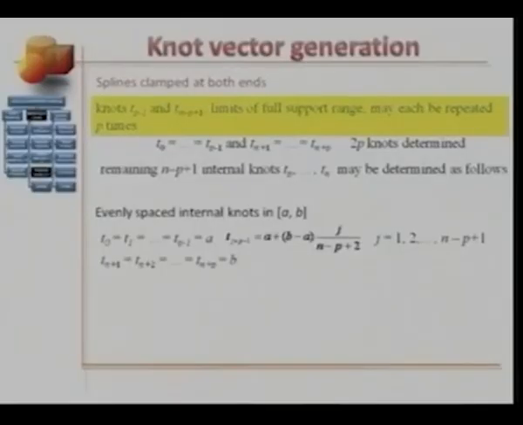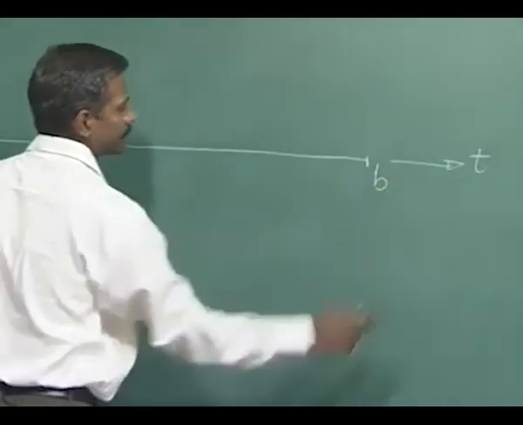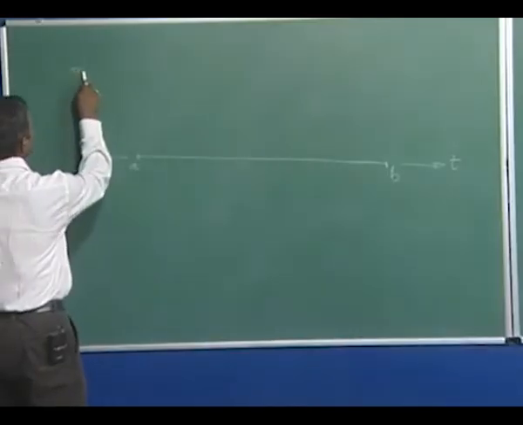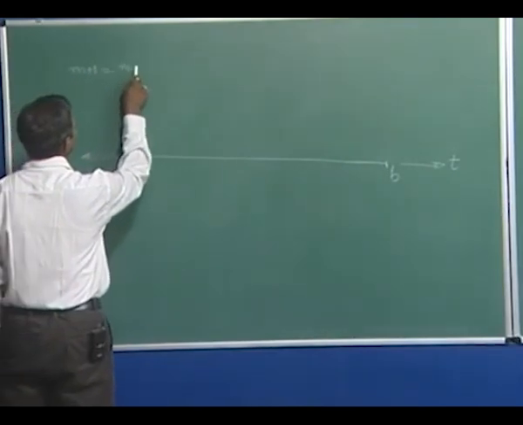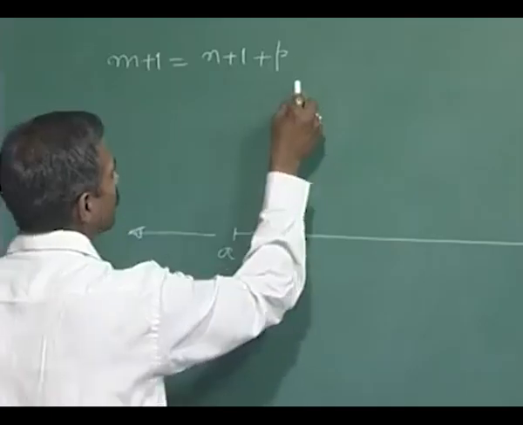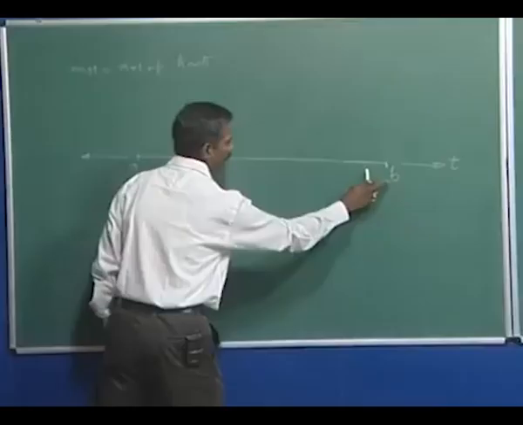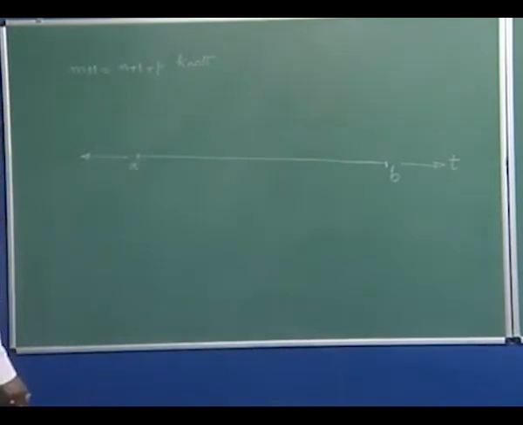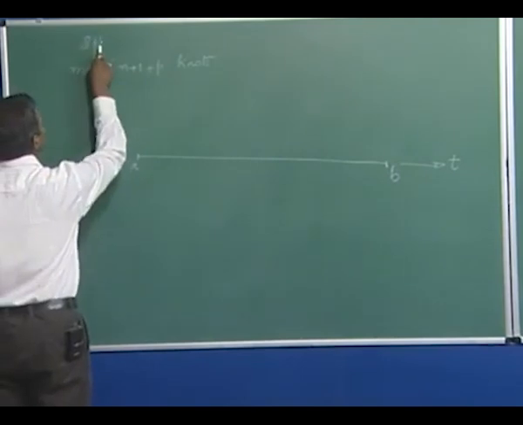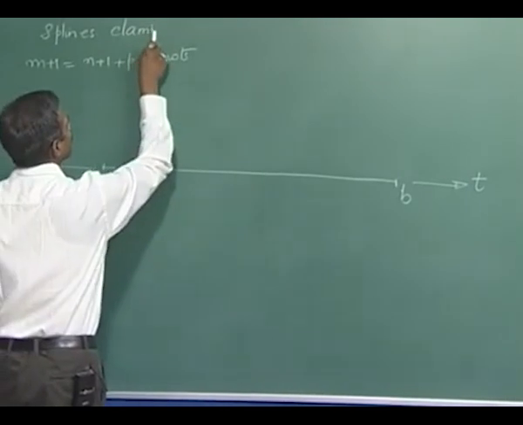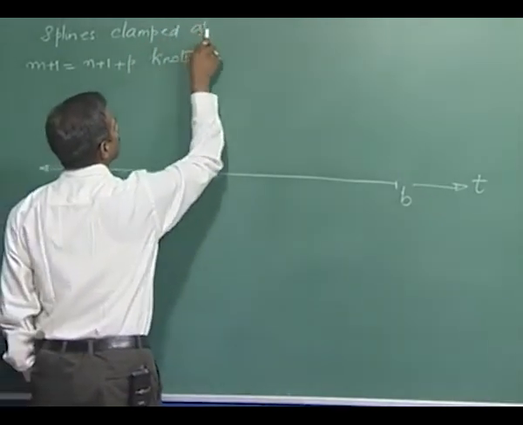Let's try to visualize what's happening here. So we have the parameter axis here, and we are trying to fit n plus 1 plus p knots within the interval given by AB. We are working with splines clamped at both ends.